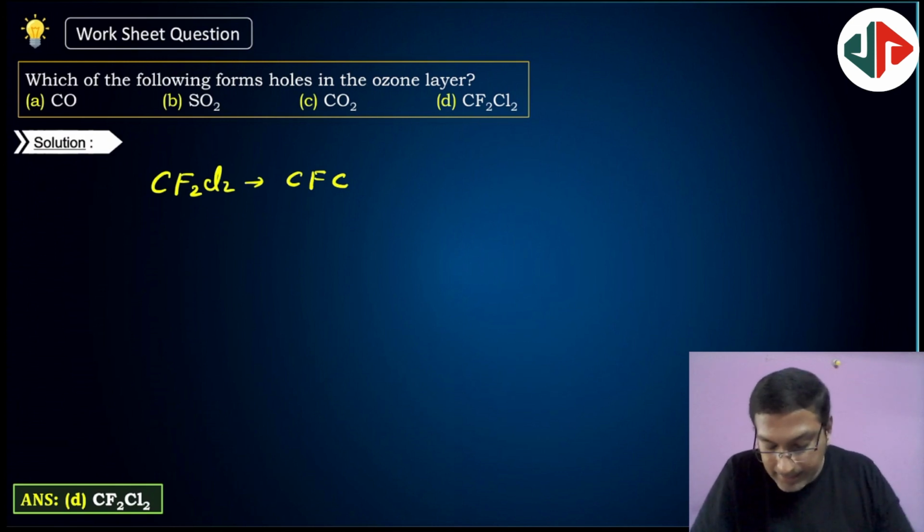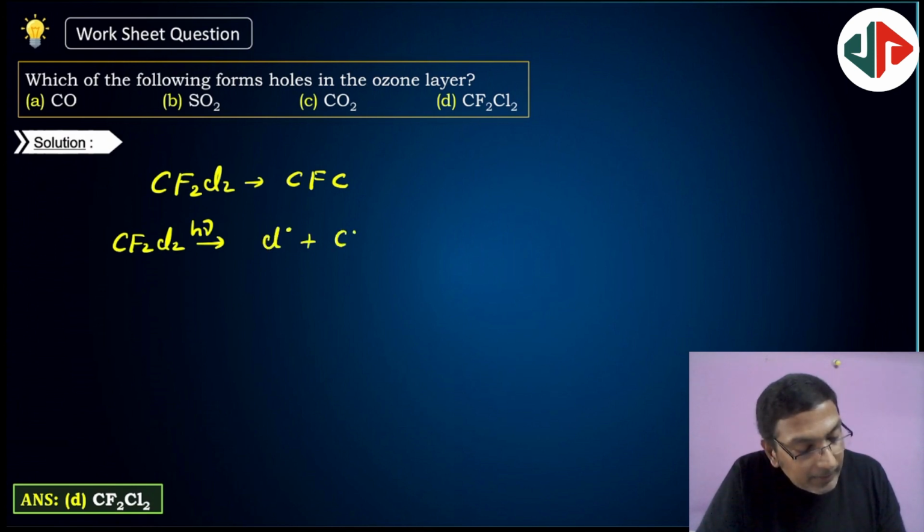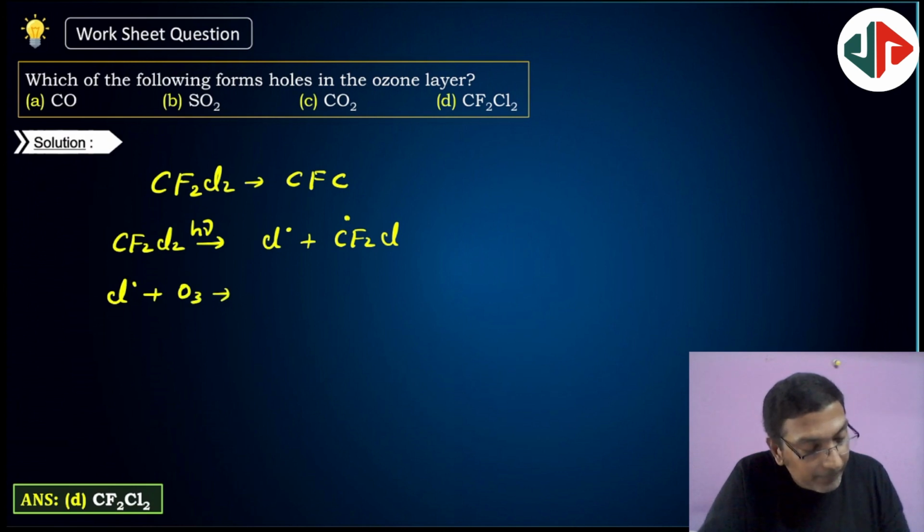So here are the reactions. CF2Cl2 in the presence of sunlight gives Cl radical plus CF2Cl radical. Next, the Cl radical combines with O3 to form ClO radical plus O2.